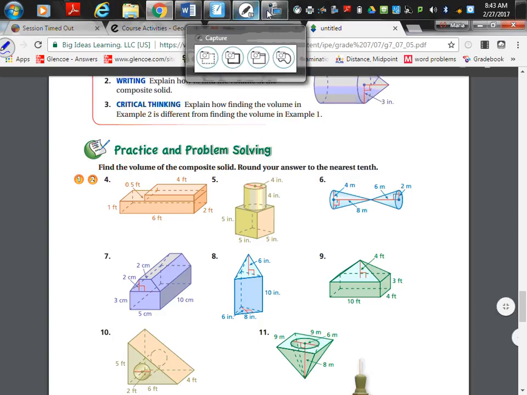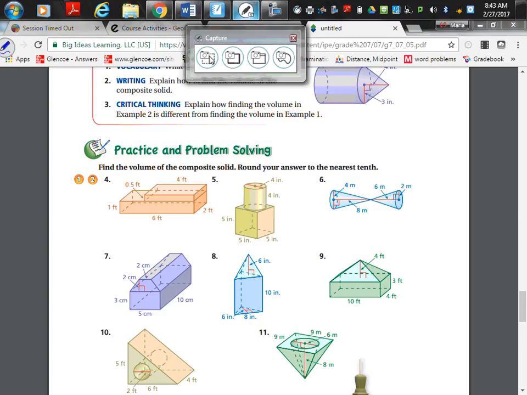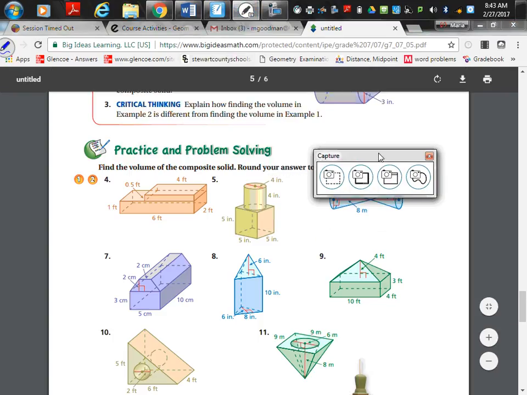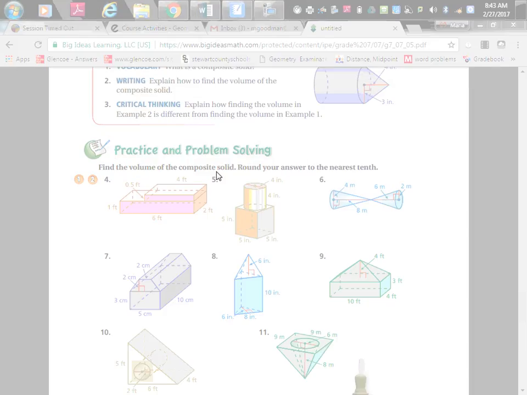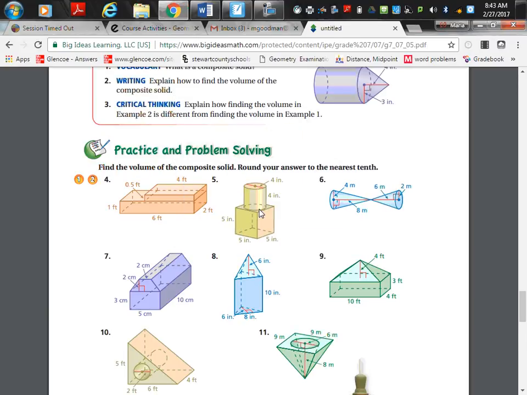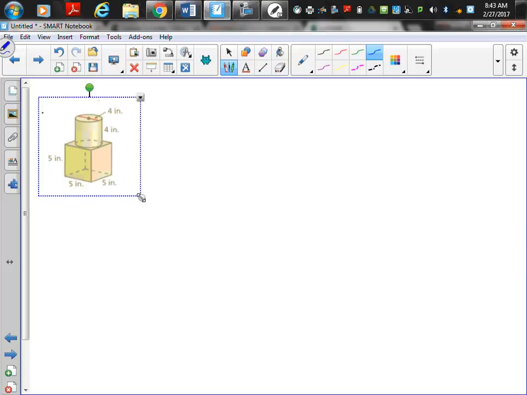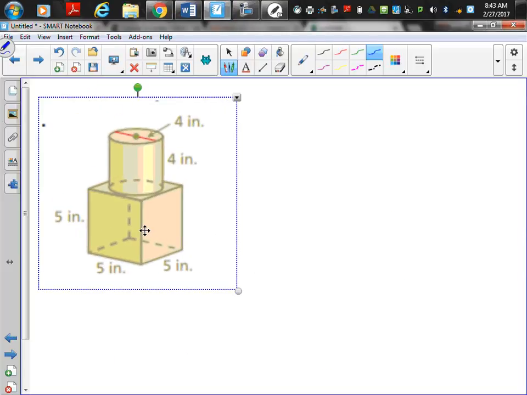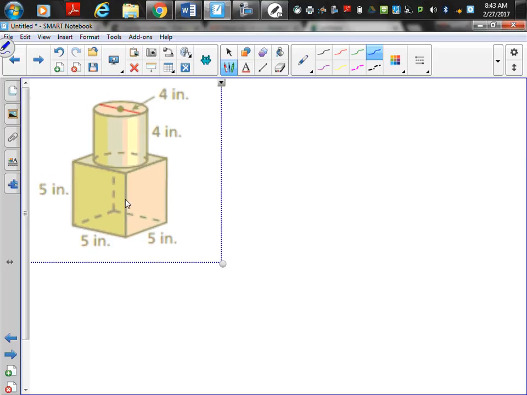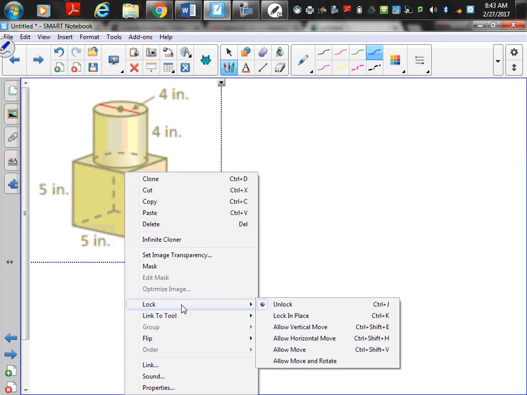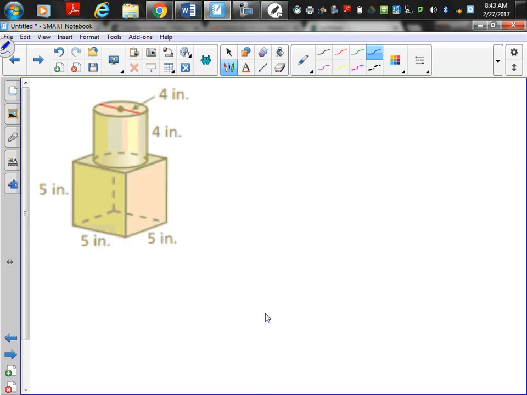Alright, let's look at this one right here. So let's take this. We have to break it down into three-dimensional shapes.